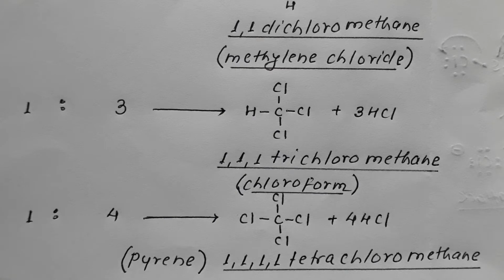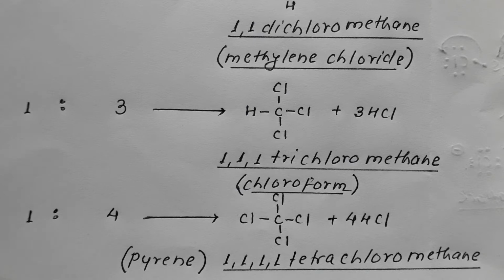Now since the properties of these compounds are very similar, it is very difficult to separate them. Therefore this method is normally avoided to prepare haloalkane, because a mixture of haloalkanes is obtained when alkane is made to react with chlorine in presence of UV radiation.